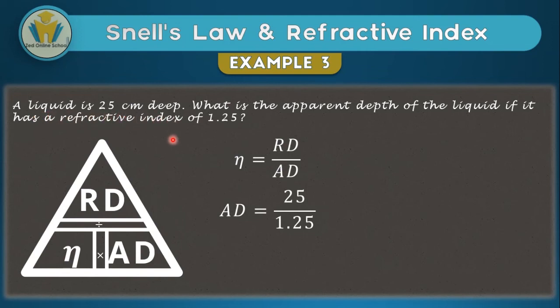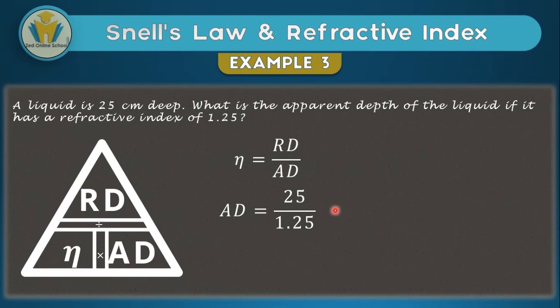Therefore, the real depth of this liquid, from the top of the liquid to the base, the distance, is 25 centimeters. So if you get confused about the depth, you can just simply plug in the 1.25 where it's supposed to be. I'm sure you can't get mistaken about what refractive index is, and then put the 25 in the remaining place.